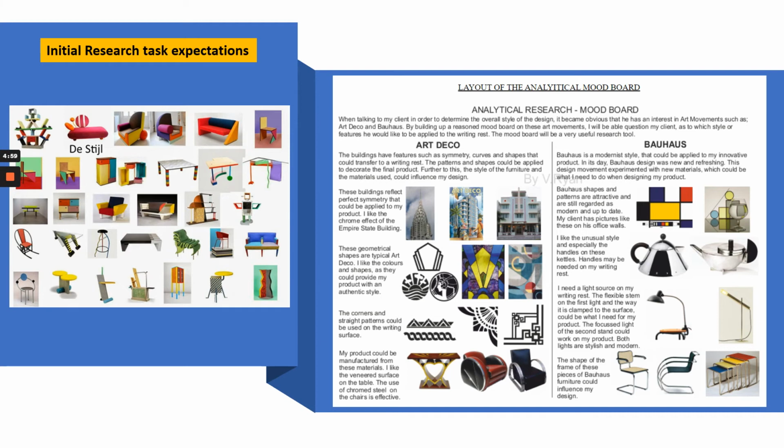And you'll notice that there's a selection of images, but also detailed analytical sort of annotation on that mood board. Okay, if you look at Art Deco, for instance, one of the key characteristics of Art Deco is the geometrical shapes, and the annotation details those geometrical shapes. So use this as a guide, the one on the right hand side, that's what we're looking for. Use that as a guide.